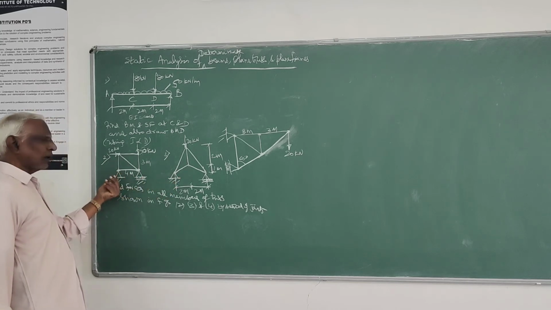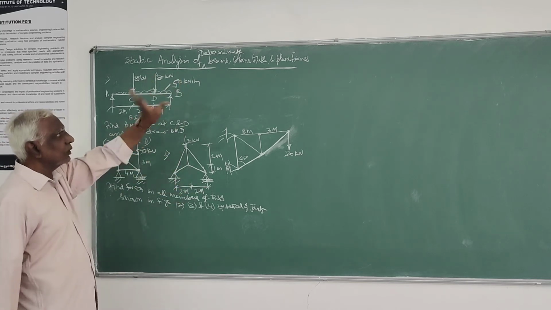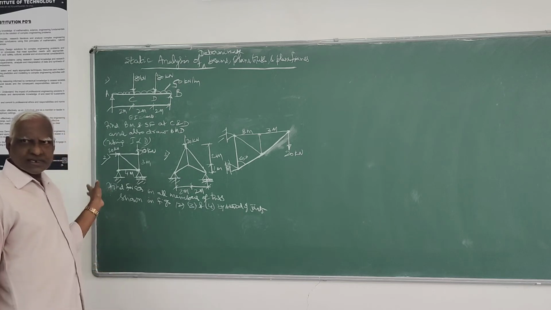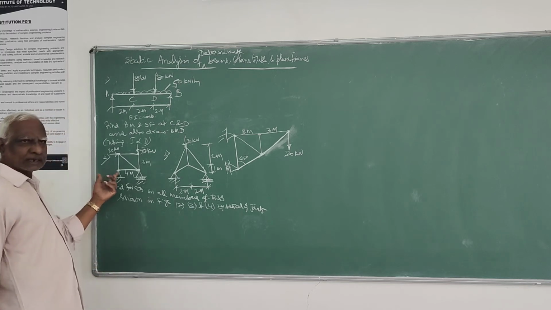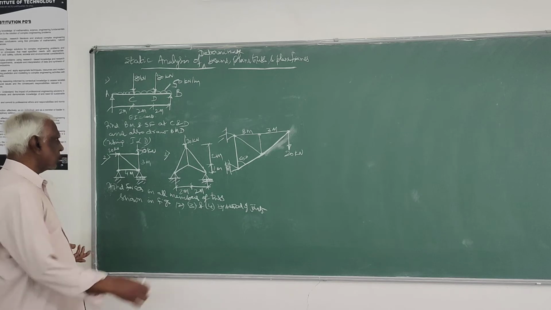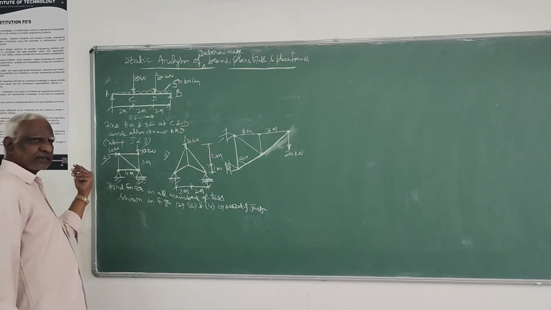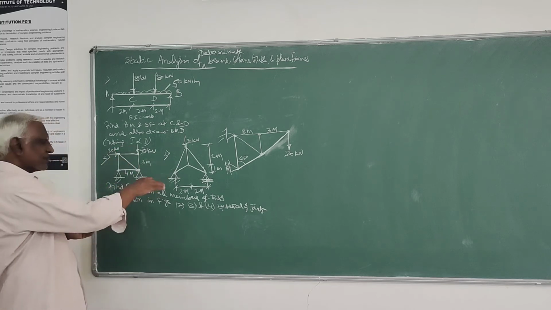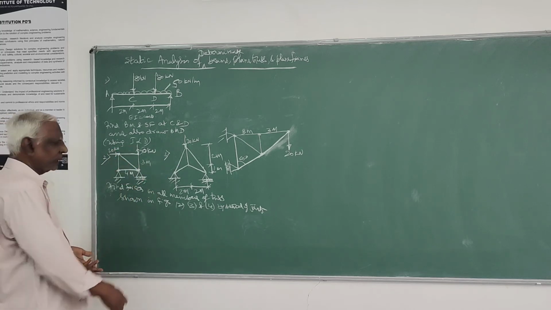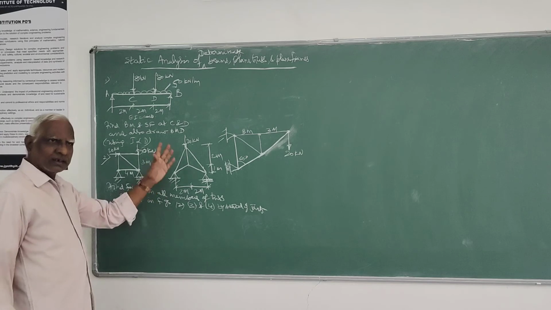Always you will have one hinge support and one roller support in determinate structures. Horizontal reaction you will get only at the hinged support. Whatever horizontal load is given, straight away it will go full capacity at that particular support only. In roller you will have only vertical.